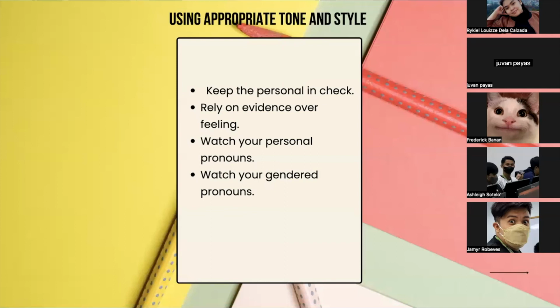Okay. Next, rely on evidence over feeling. What is this? Okay. Again, it's somehow related to the first one. But please rely on evidence, not feeling. You might be, let's say, very passionate. You really care about a certain subject. You're very passionate about it.